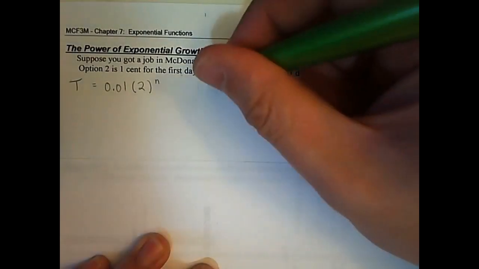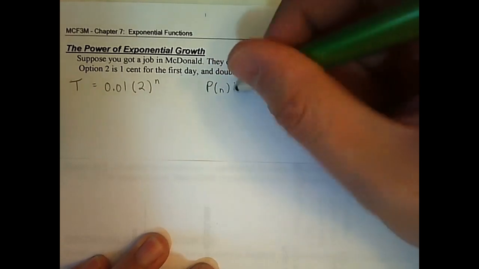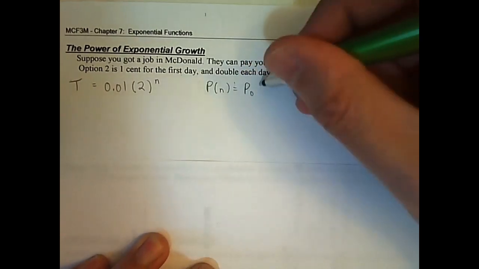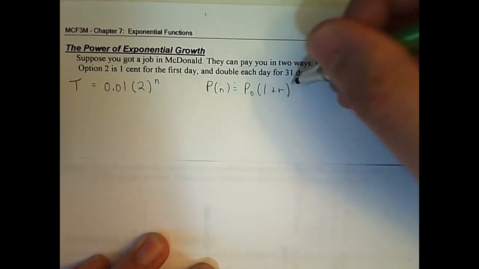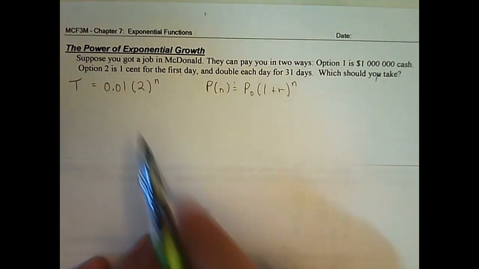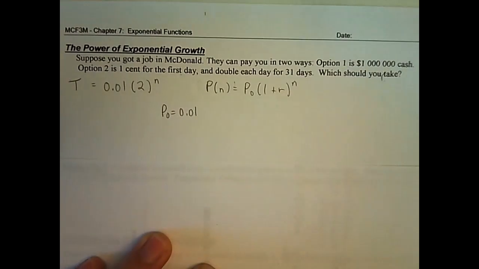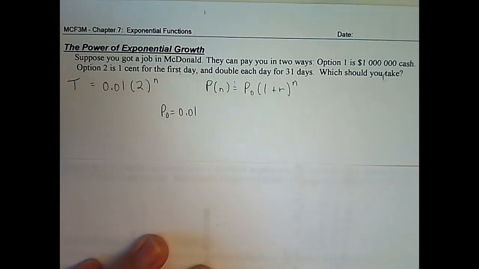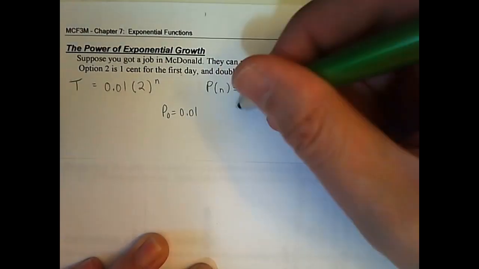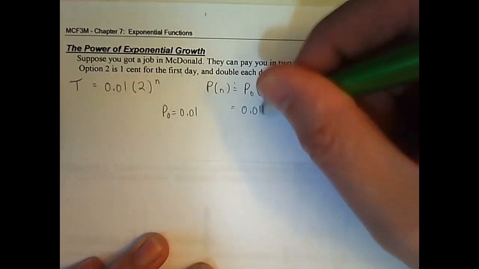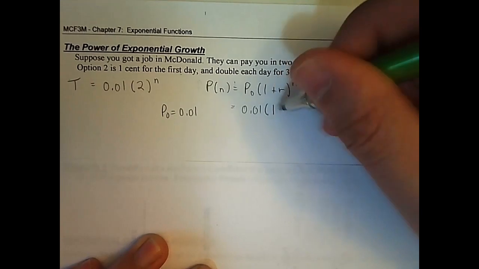So how did we get this? Well, remember the equation that we just learned. In this case, our initial amount for this question is 0.01. That's how much we start with, 1 cent for the first day, and then it doubles each day for 31 days. And how much are you getting?